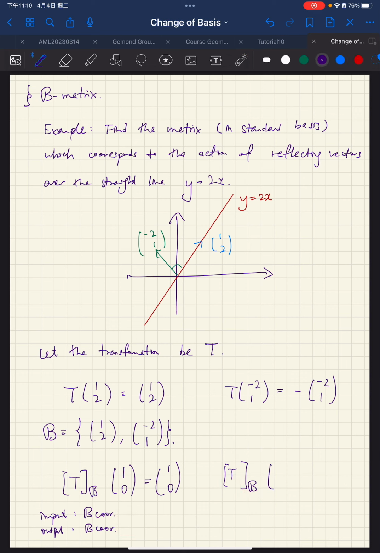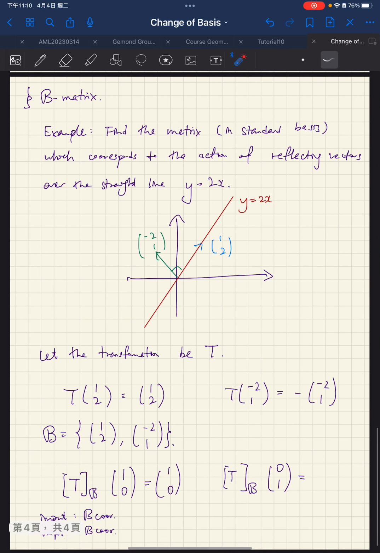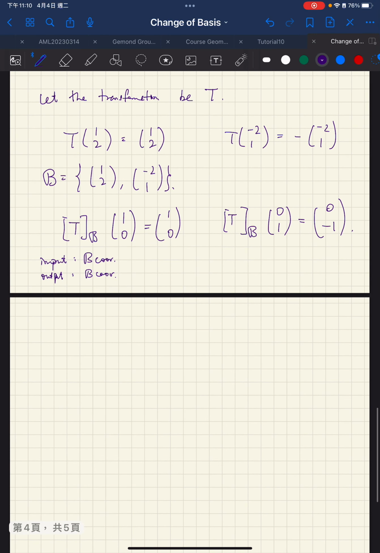Let's see. So this vector is actually 0 copy of this and 1 copy of this. And hence, it is this coordinate. And the output is minus this. So it's minus 1 copy of this and 0 copy of this. That's why it's (0, -1). And if you remember, this is a matrix.